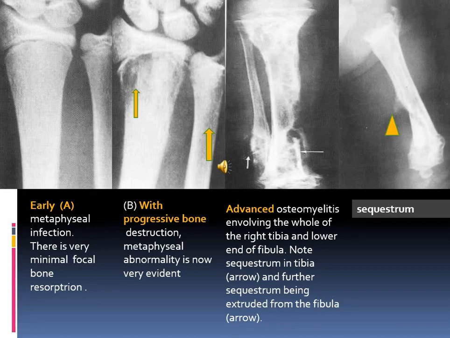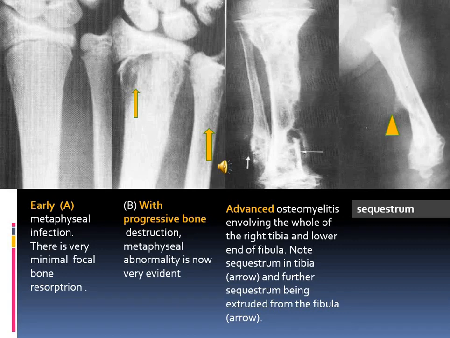In image A there will be very minimal changes and even the X-ray seems to be nearly normal. In image B there is a progressive bone destruction which is noted as osteolytic areas in the lower end of radius and ulna, while in the advanced osteomyelitis the whole part of the tibia in the lower part mainly and in the fibula there will be severe bony changes involving the destruction of the cortex and part of the medulla, with an evidence of sequestrum, which is the dead bone which appears very dense and reaching the surface.